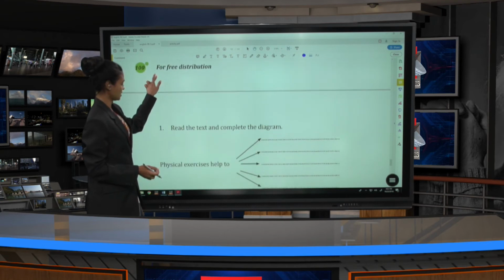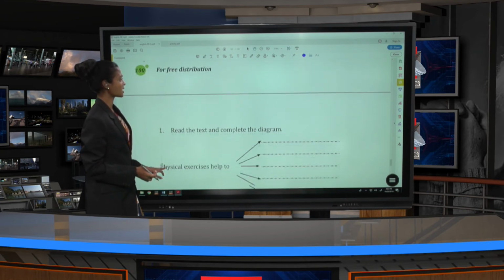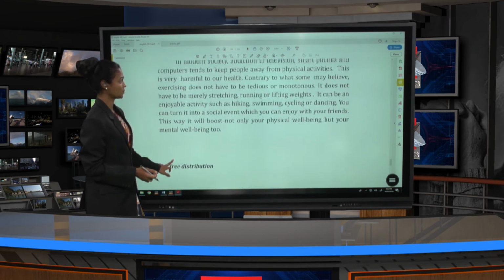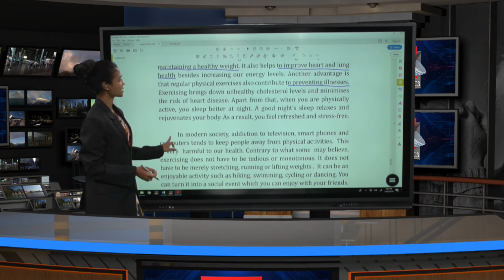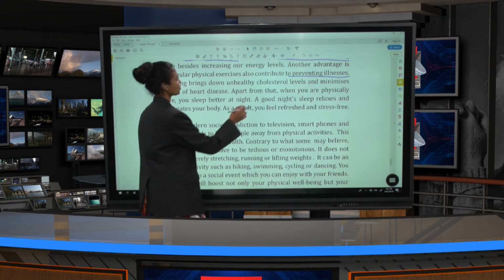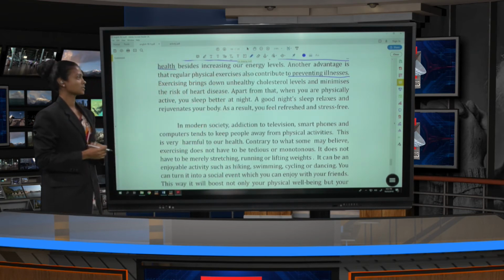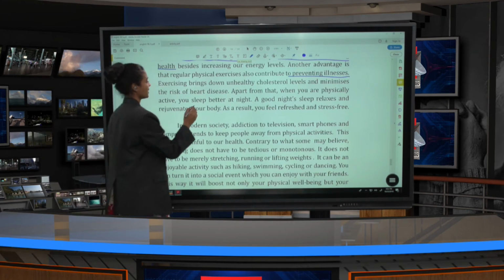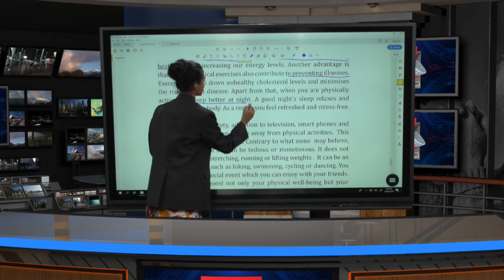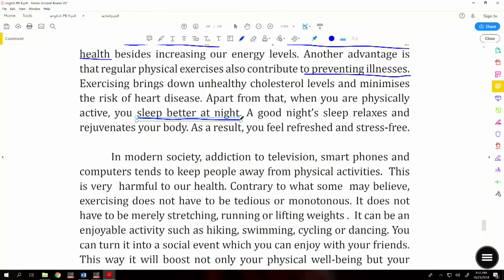Right, in the question it is given physical exercises help to. Physical exercises help to what else? To sleep better at night. To minimize the risk of heart diseases.